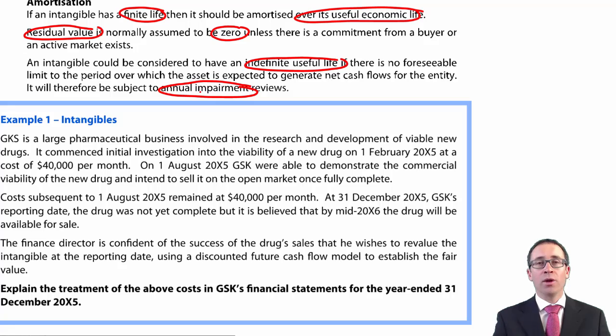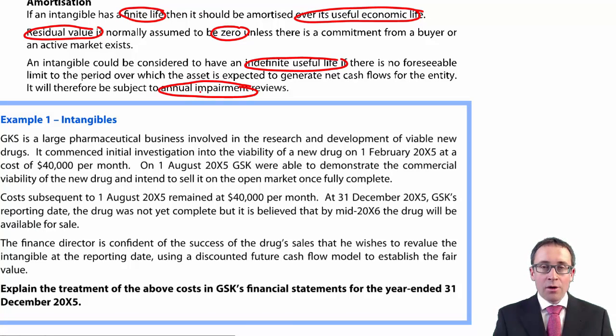And all an annual impairment review does is look to see whether or not the asset has fallen in value. If it has, we reduce it by the amount which it is expected to have fallen by. How do we know how much it's fallen by? Next chapter. We'll go through that within the next chapter. Okay, all that about impairment and IAS 36.